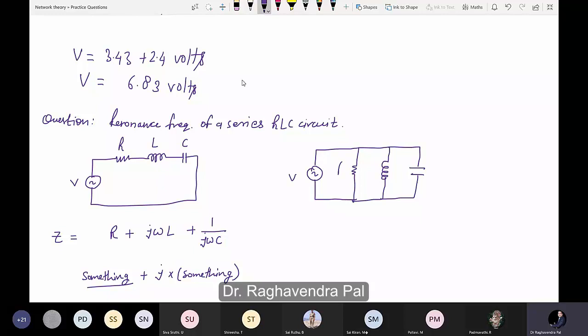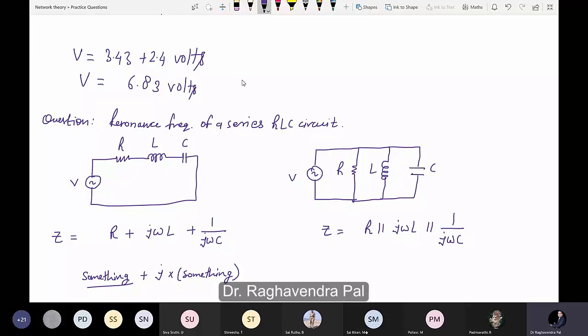Some V is there, R is there. This is L, this is C. So now, what is the Z? Here Z was R plus j omega L plus 1 by j omega C. Here the Z will be R parallel to j omega L parallel to 1 by j omega C. Correct.